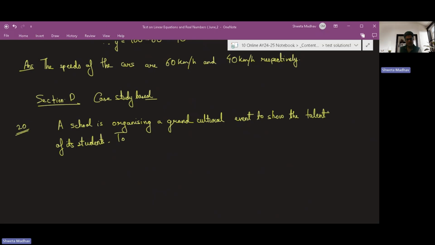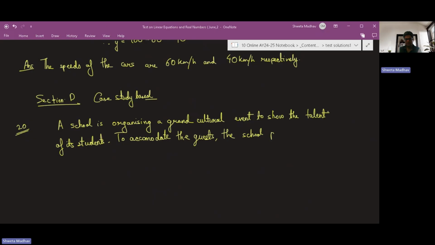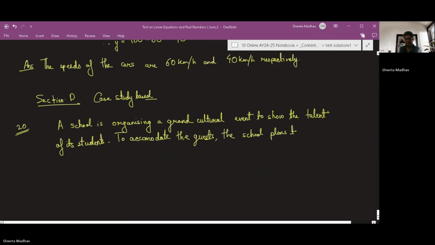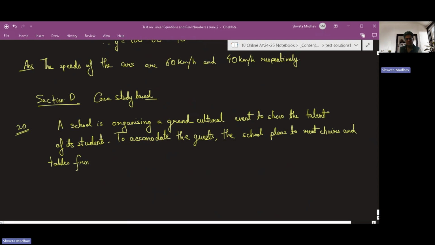To accommodate the guests, the school plans to rent chairs and tables from a local supplier.